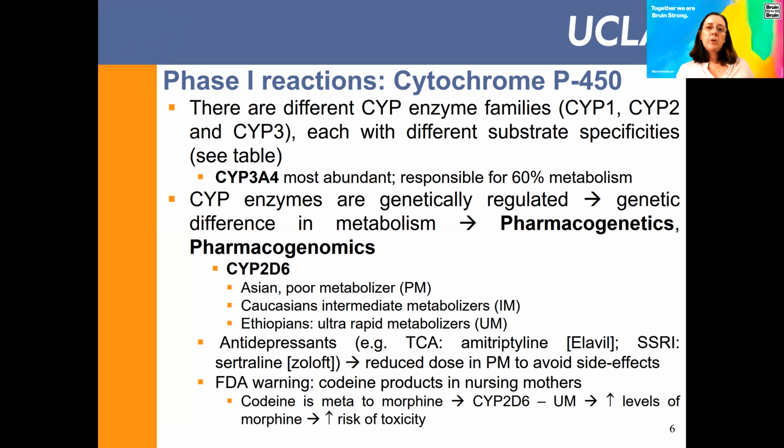So that's why there was a black box warning. So that means a big warning on the drug label to be careful for breastfeeding mothers, because there is an increased risk in ultra metabolizers, so those who metabolize faster and convert codeine into morphine faster.